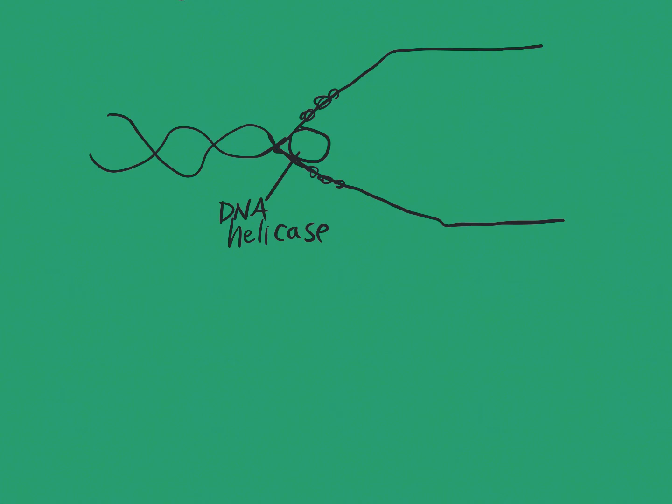No matter whether you're starting with the leading strand or the lagging strand, there's going to have to be a template, because DNA polymerase III, the main enzyme that's adding the deoxyribonucleotides, needs to start with an RNA primer.